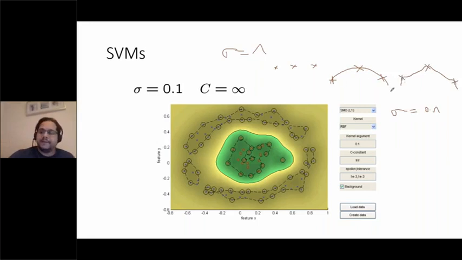So when you say smoothness, do you mean the boundary smoothness, the hyperplane smoothness? No, we are not seeing the boundaries yet. It's how the points are going to be represented.